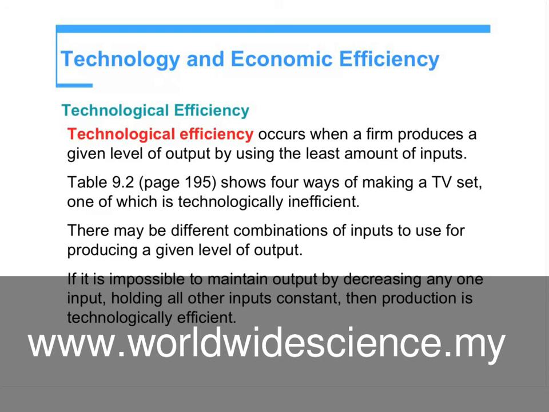There may be different combinations of inputs to use for producing a given level of output. You might have different levels or combinations of inputs, and that will give you different combinations of output. But only one of them is the efficient one. If it's impossible to maintain output by decreasing any of the inputs, holding all other inputs constant, then production is technology efficient.